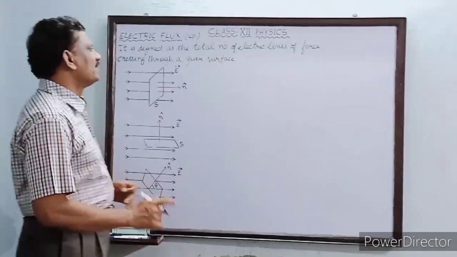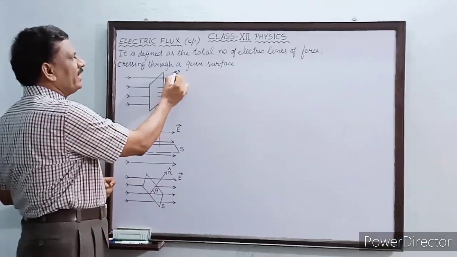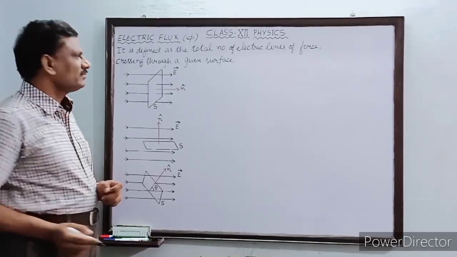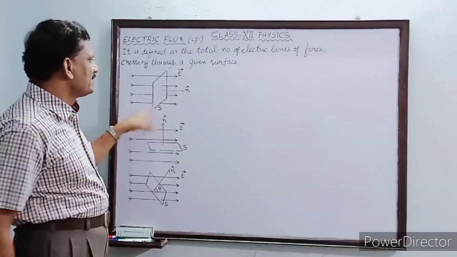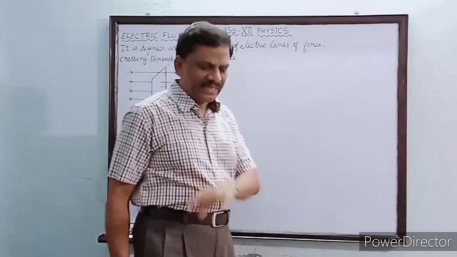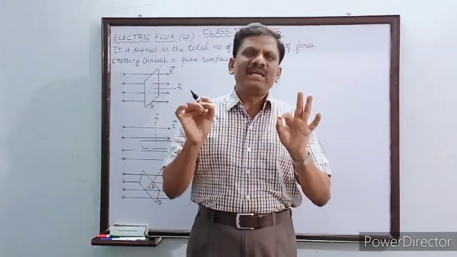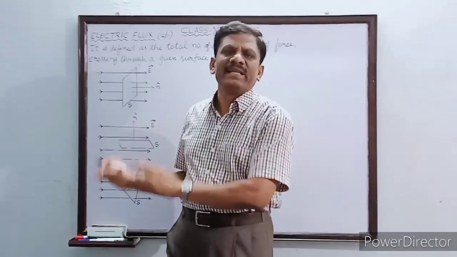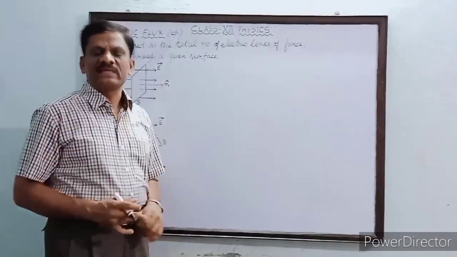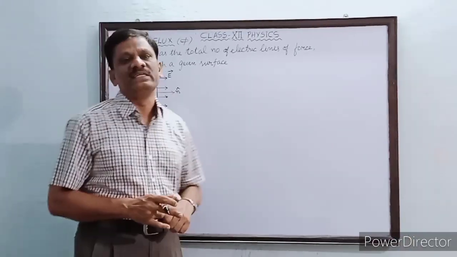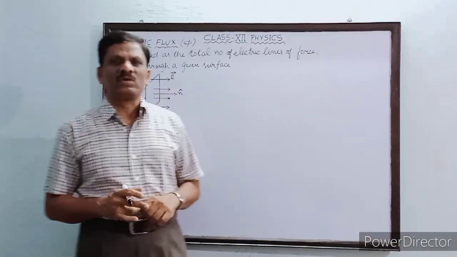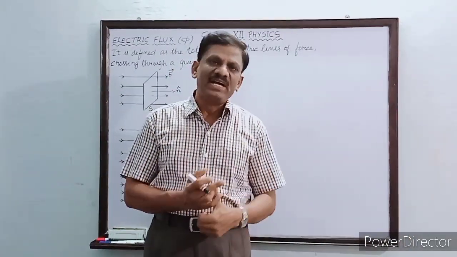Now let us imagine that the uniform electric field is denoted by capital E, and the rectangular sheet of area S is held inside the electric field. Whenever an area is kept inside an electric field, the area is considered to be a vector quantity. What are vectors we have studied? These are the quantities which possess both magnitude as well as direction.